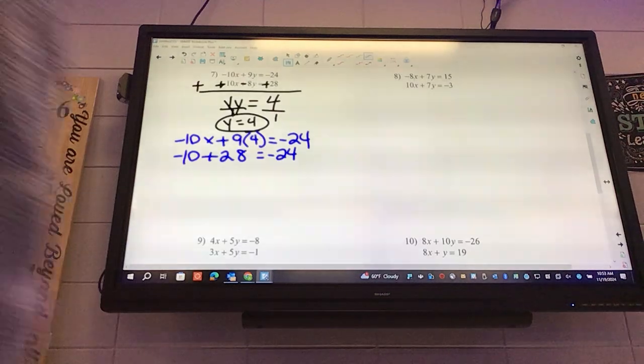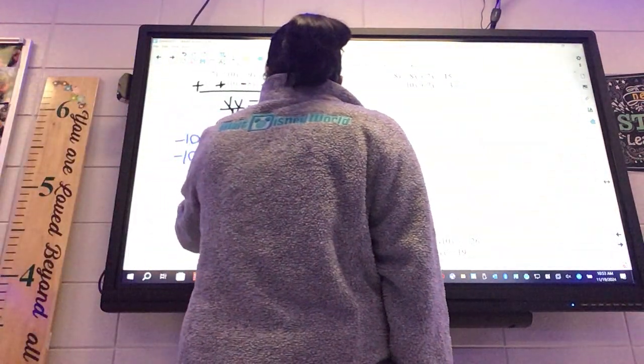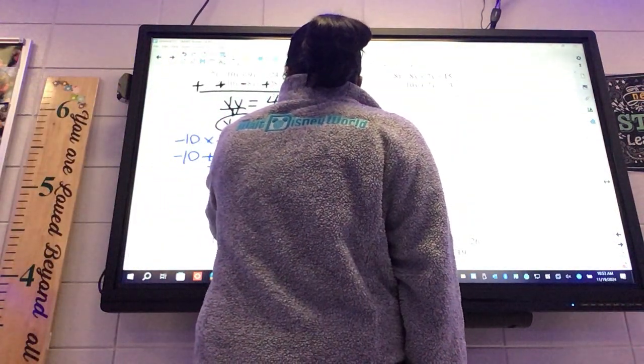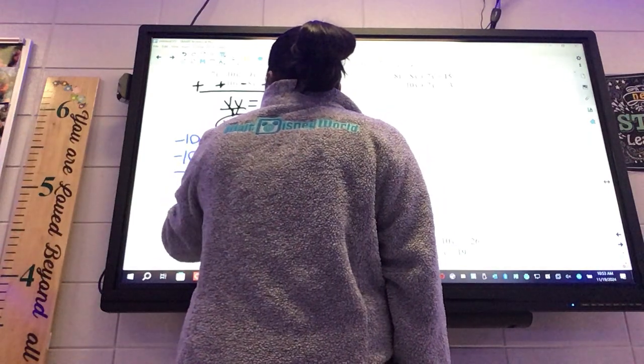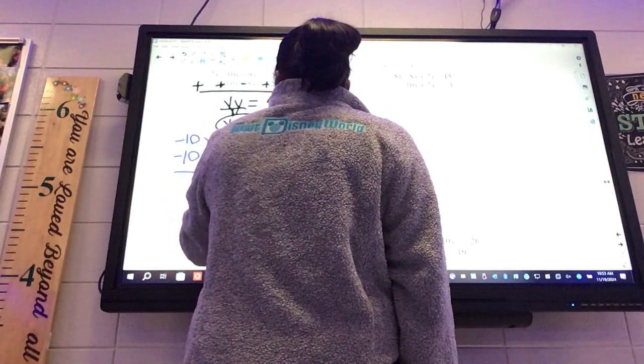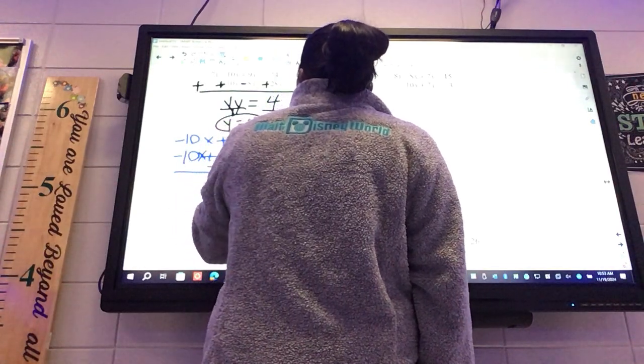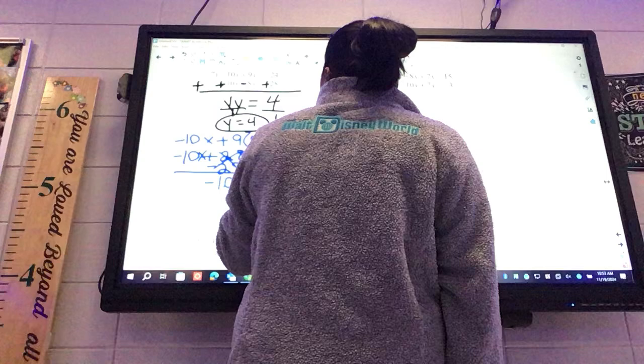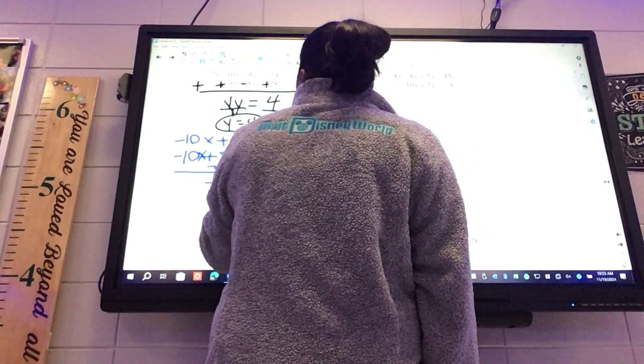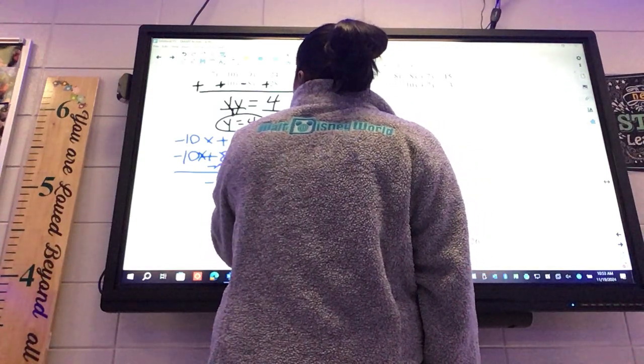Then you're going to subtract 28 from both sides. So we're going to get negative 10x equals 8, 12, 52.